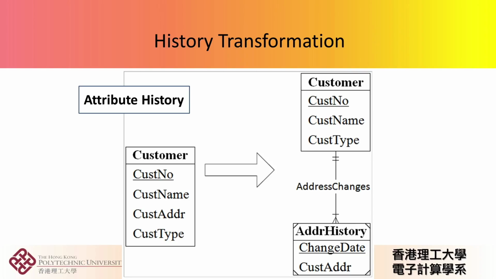The customer address attribute is replaced with an entity type and a one-to-many relationship. For limited history, a number of attributes can be added. For example, to maintain a history of the current and the most recent customer address, two attributes, customer current address and customer previous address, can be used.